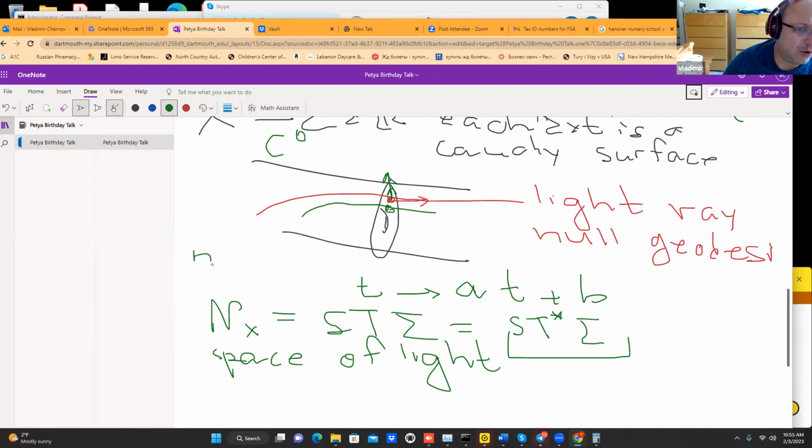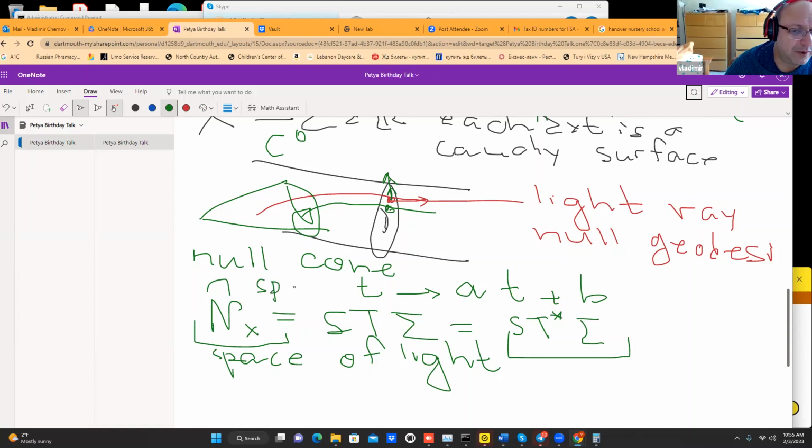Now, what is a null cone? We all know that it looks like a cone initially, and then it develops various singularities because the light rays can intersect. But in the space of light rays, the null cone is a sphere. Why? Because this light cone is a cone over a sphere.